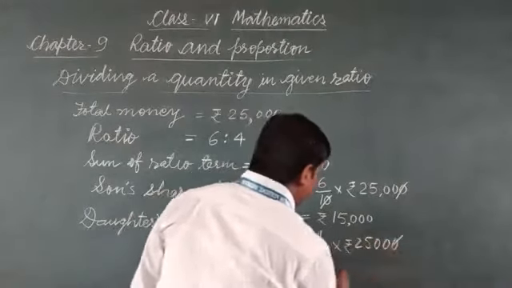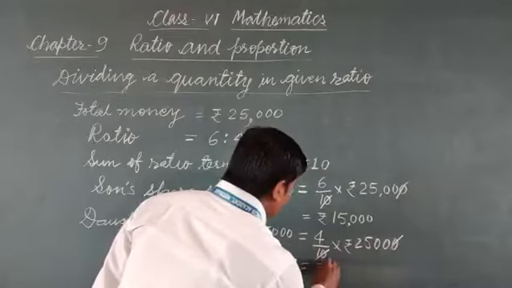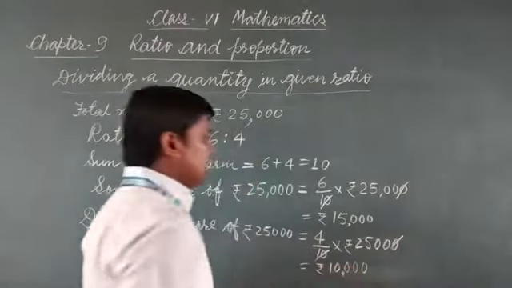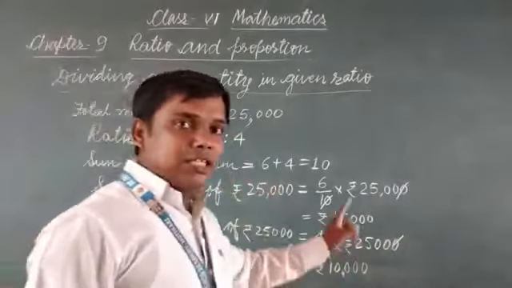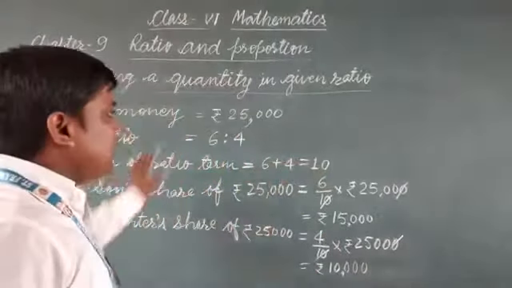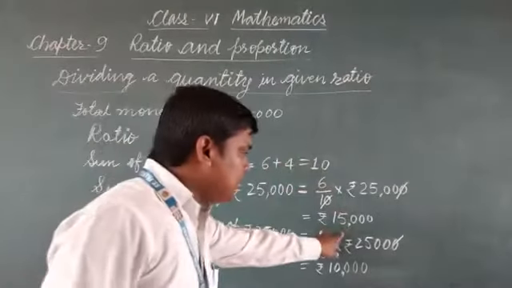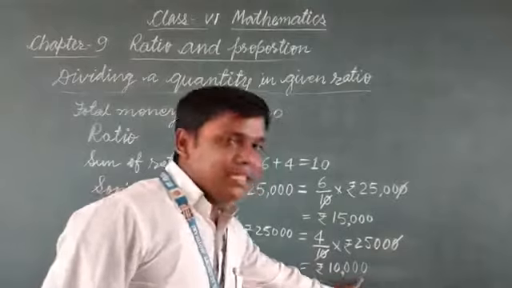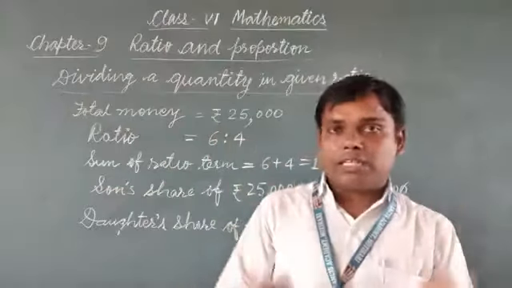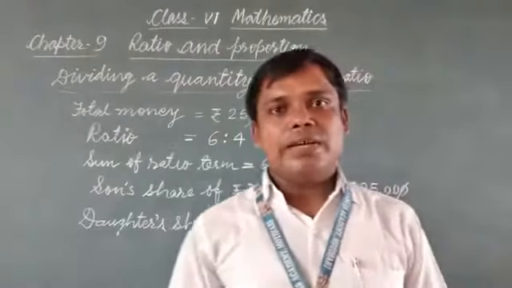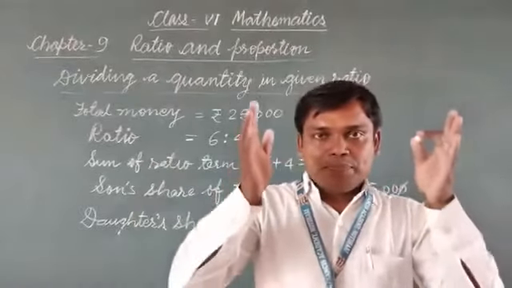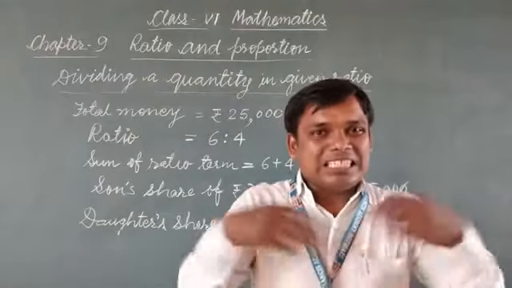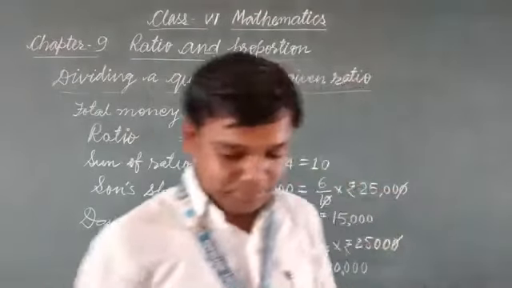Now again cancel, and 25 times 4 is 100, so it will become 10,000. Therefore, the son's share in the total money will be 15,000, and the daughter's share will be 10,000. Like this, if a quantity and a ratio are given to you, you can find the value of the share for each quantity.